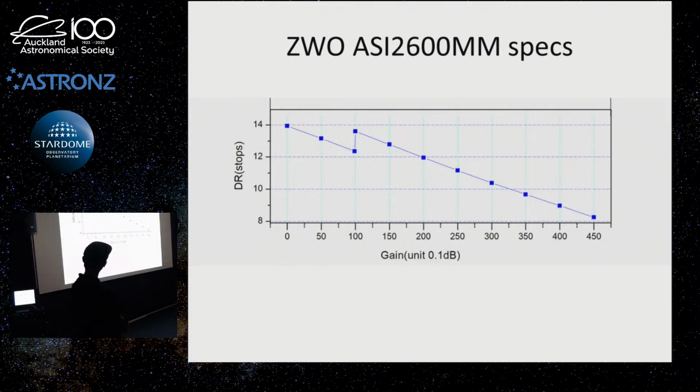What's happened here is that from here up to here, the sensor switches in an extra circuit which has an extra capacitor, and a capacitor stores charge. So it's able to store more electrons. But the problem is switching in that extra circuit adds a little bit more noise.